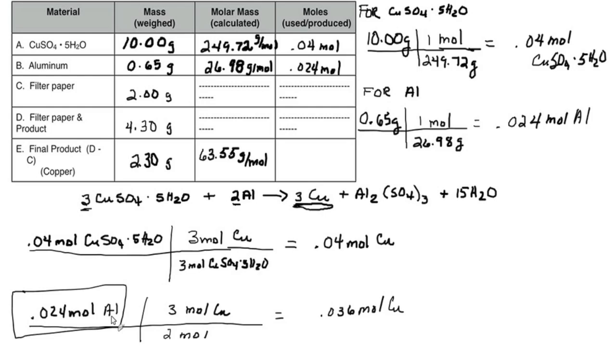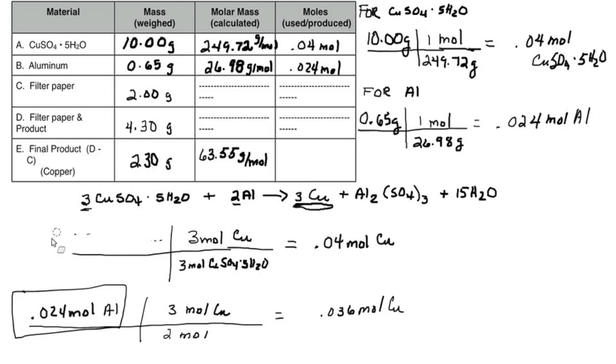Now here's where I got messed up before. I went back and used the copper sulfate to calculate the copper, but we can't do that. We have to use the aluminum to calculate the copper, because that one is the limiting reactant. So I'm going to erase this one.